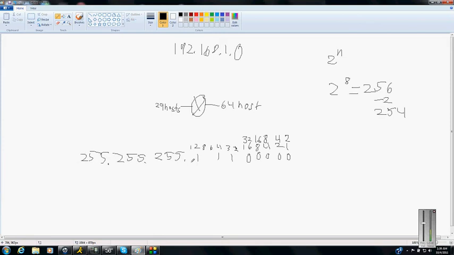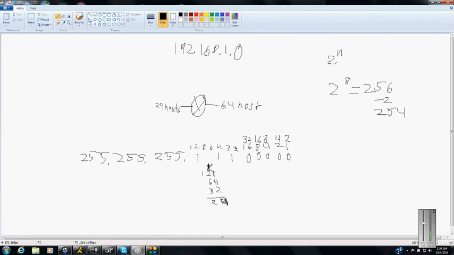Okay, now in order to find out the subnet mask, all you do is you take the 1s that are turned on and you add them up. So 128, 64, 32. There's 10 and 12. Carry the 1 is 3, 9, and 12. And did I do this right? No. That should be a 4. Okay. And we should have carried over a... No, we carried a 1.